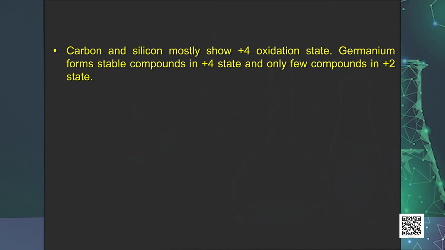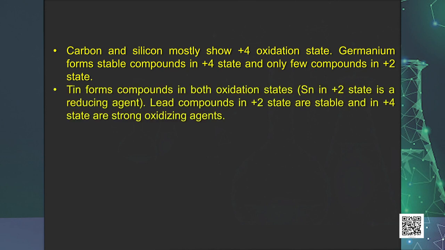Germanium forms stable compounds in +4 state and only few compounds in +2 state. Tin forms compounds in both oxidation states. Tin in +2 state is a reducing agent. On the other hand, lead compounds in +2 state are stable and in +4 state are strong oxidizing agents.